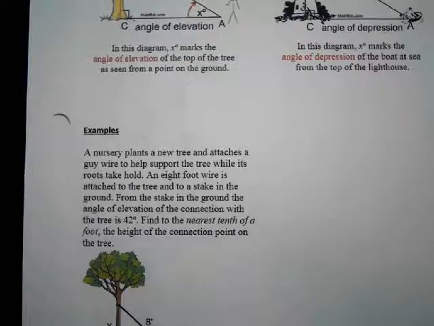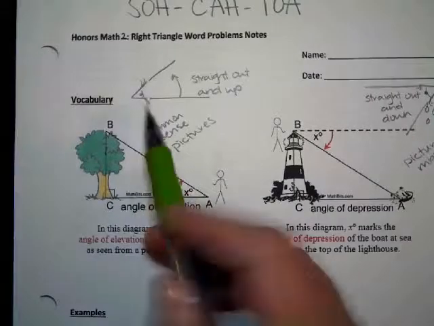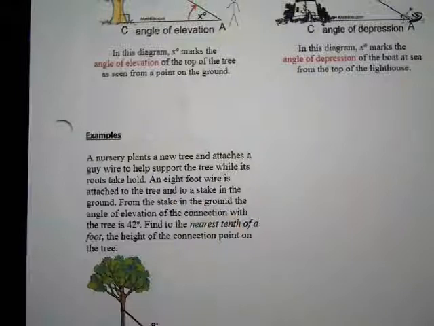The more detail you have in your picture, even if it looks terrible, and I am not a great drawer, the more it will help you make sense of the situation, okay?